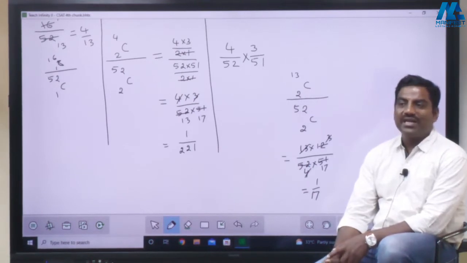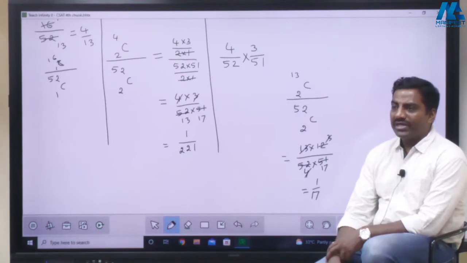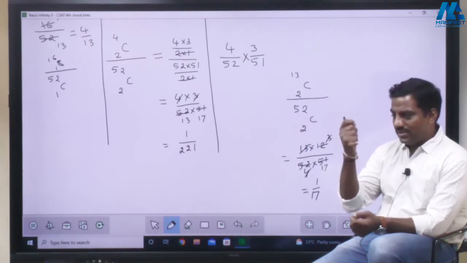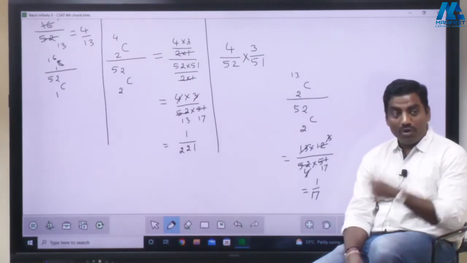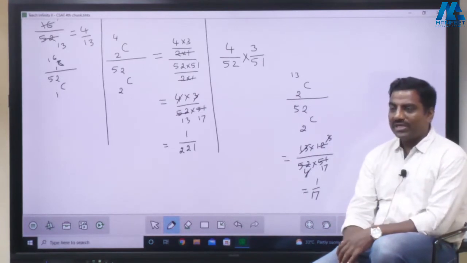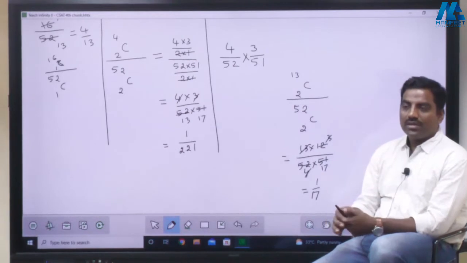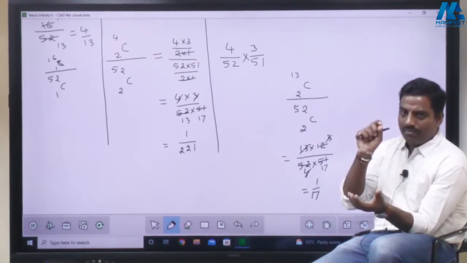So you have to see the condition and solve. In some questions, they'll say that after you remove the card and see it, you are placing it again. You are not removing it and keeping it outside. For example, in this question only, out of 52 cards, I'll remove one.